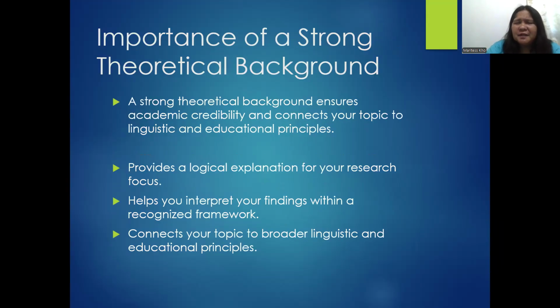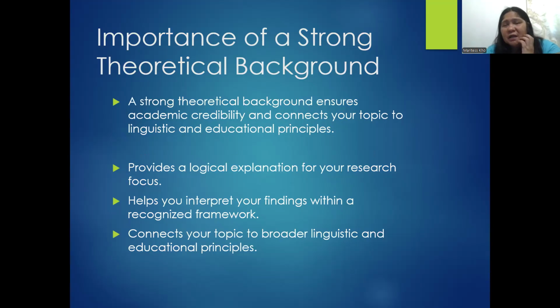So what's the importance of having a strong theoretical background? A strong theoretical background ensures academic credibility and connects your topic to linguistic and educational principles.